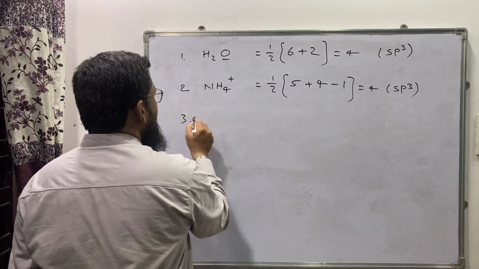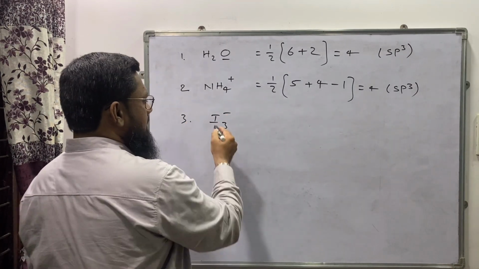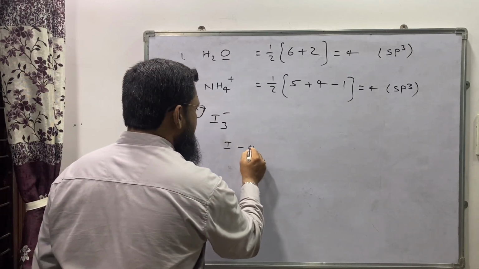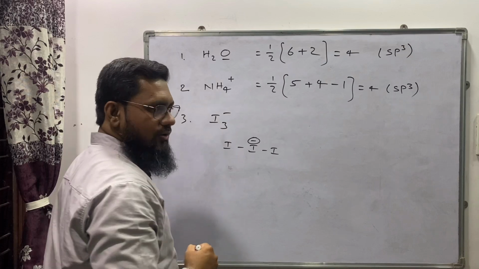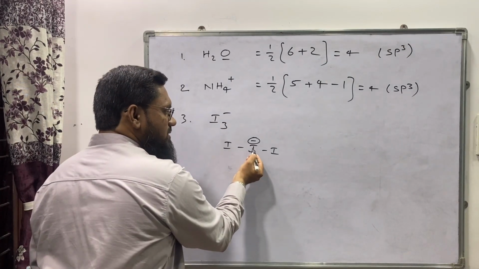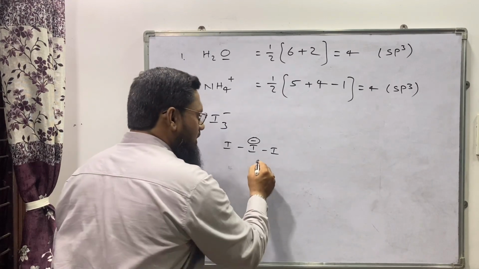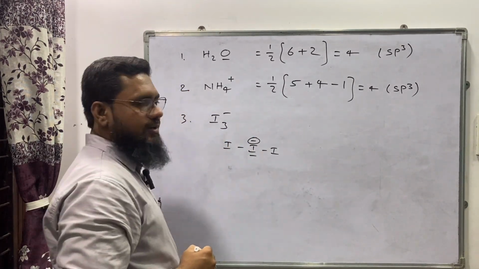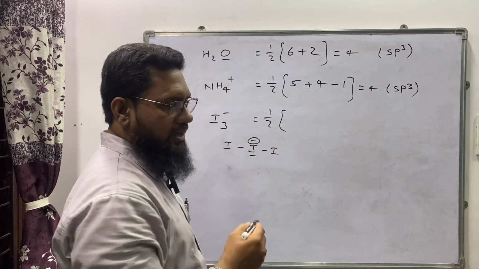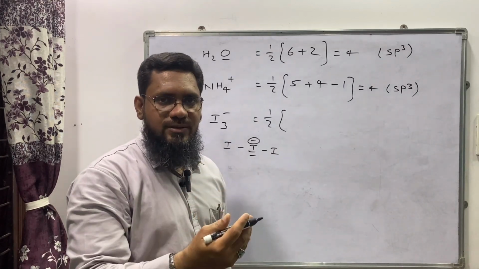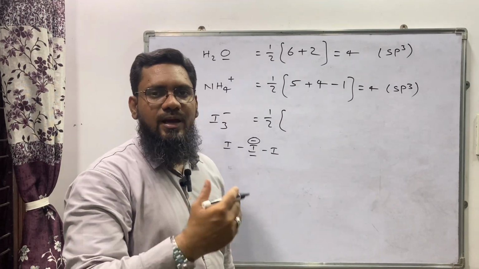Now let's take the I3 minus, 3 iodines. So it is the negative charge. This iodine is the central atom and these two are bonded atoms. Now we need to calculate the hybridization for this one. So here formula half of V plus X minus C plus A. You know iodine belongs to the halogens, and halogens are having the 7 valency electrons.